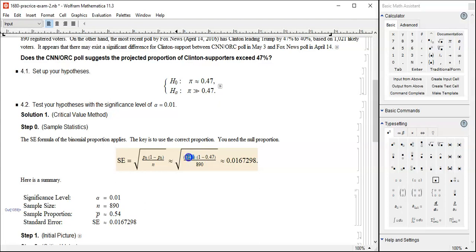It's 47%, 0.47, times 1 minus 0.47, divided by 890. If you calculate it, you're going to get this standard error, 0.0167 something, and this is going to go down to the denominator.